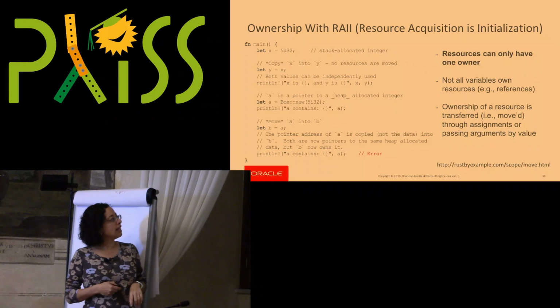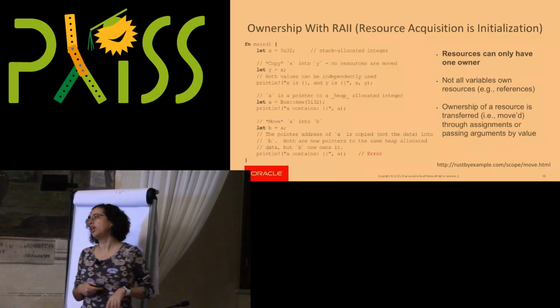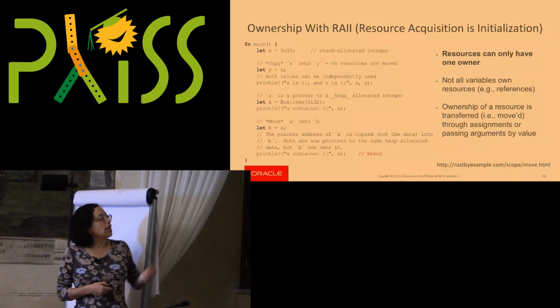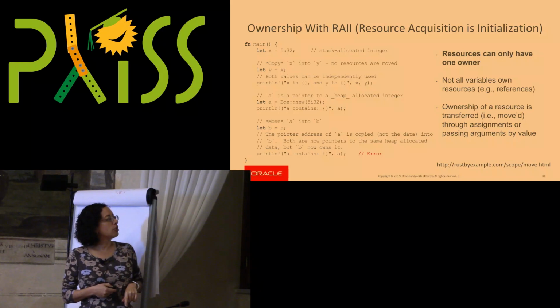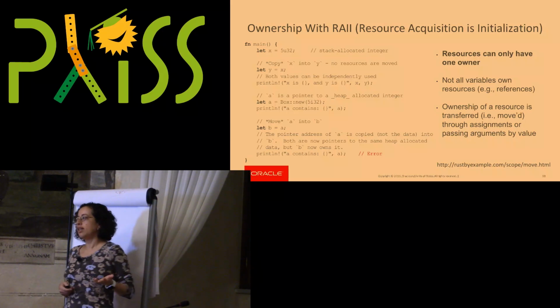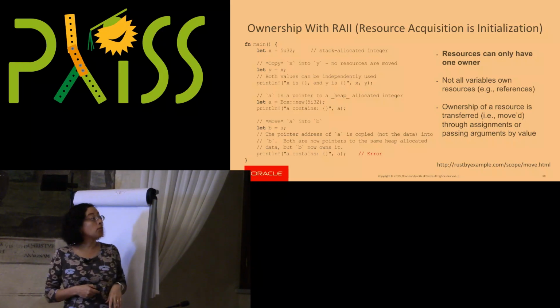Now, let's say that we have a, and a is going to be a pointer to something that has been allocated on the heap, right? So we've allocated an integer on the heap, so a is pointing to that. I can print the contents of a, that's fine. Now let's say that I'm going to move a into b. So we say b equals a.